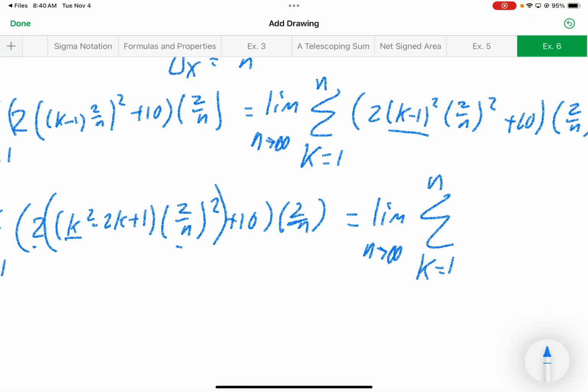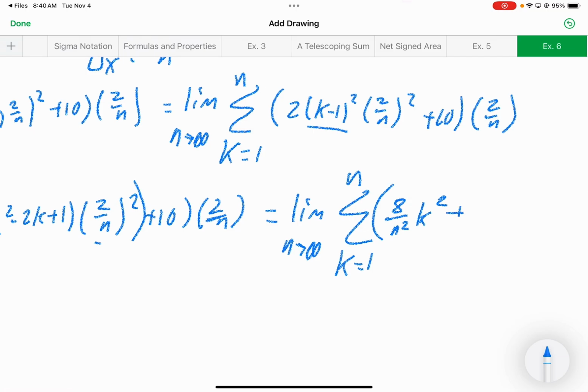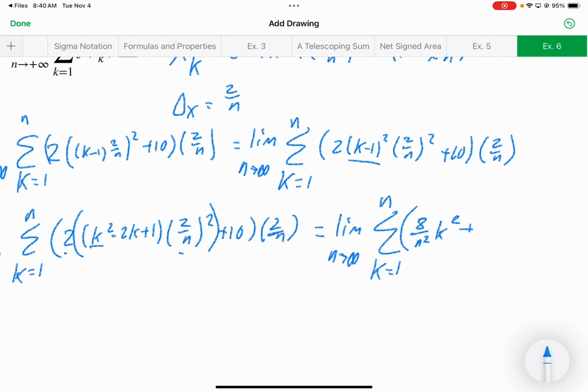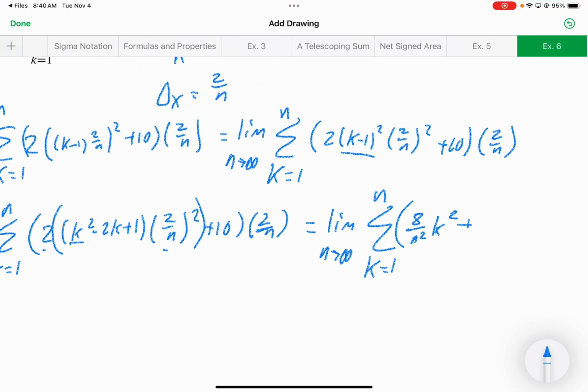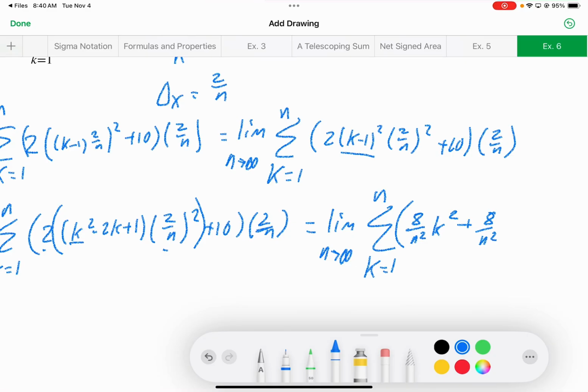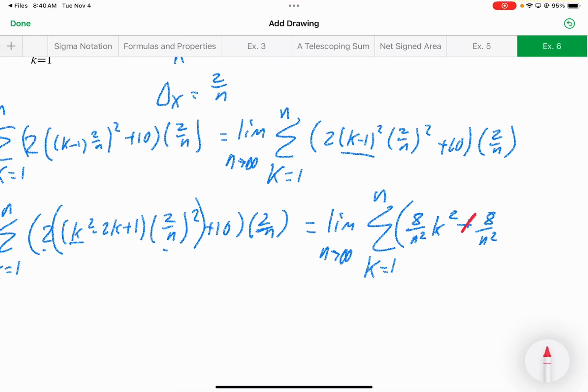So that is 8 over n squared times k squared, plus, and each one of these is going to get an 8 over n squared. There's another 2, but I'm going to put a subtraction sign there.